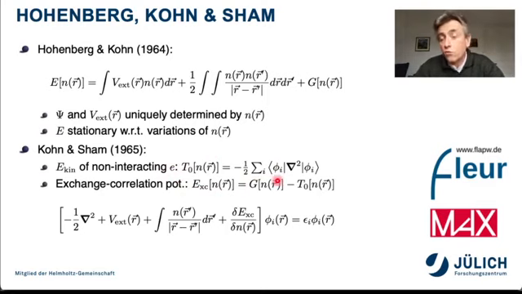kinetic energy of the non-interacting particles and the exchange correlation energy here. And the derivative of this exchange correlation energy then actually gives this exchange correlation potential, which appears in the Kohn-Sham equation.